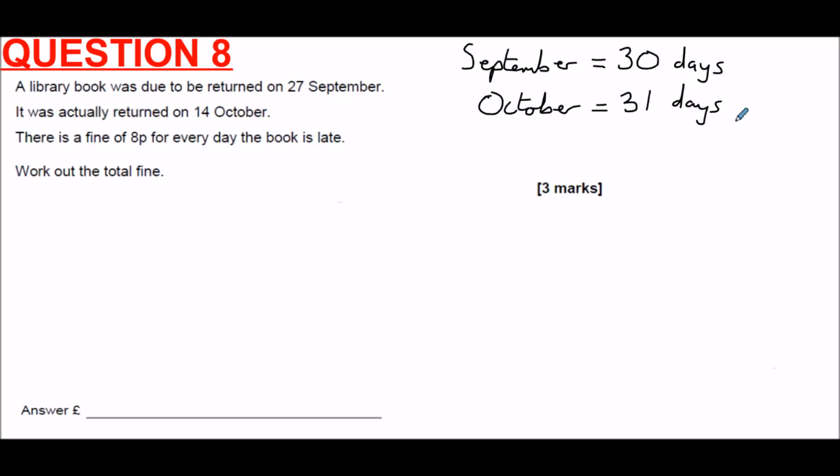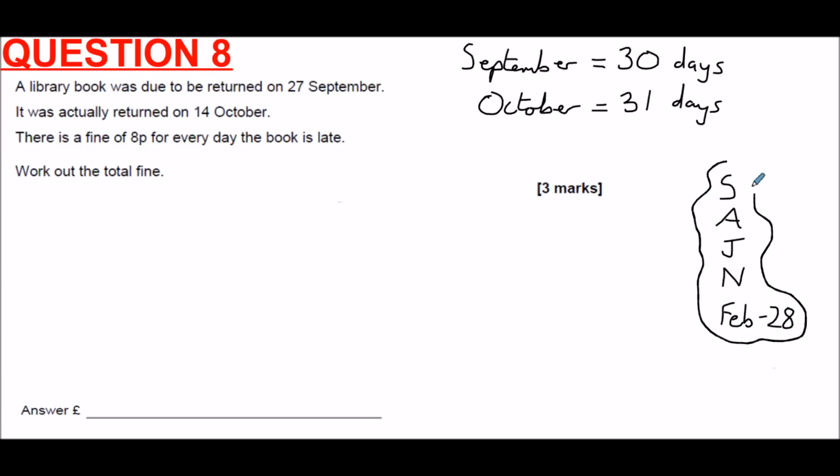And so the months that have 30 days are September, April, June and November. So apart from February, which has 28, unless it's a leap year, all the other months will have 31 days. Anyway, I've digressed a bit from the question.